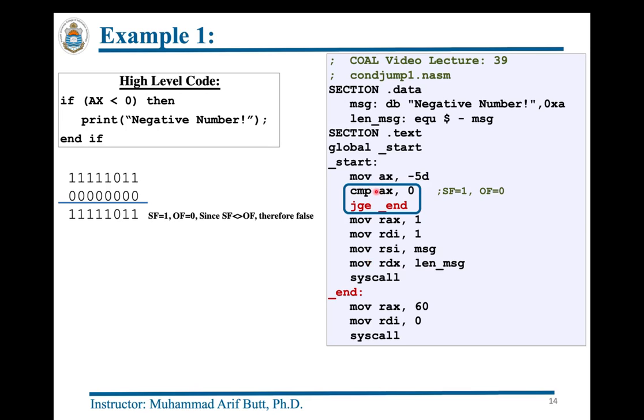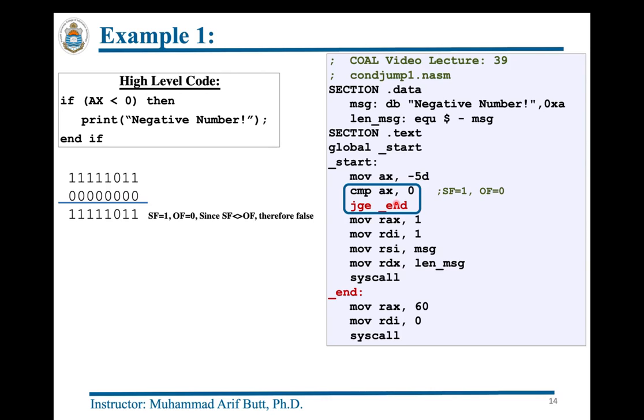Well, the compare instruction compares the contents of AX register with 0, and this instruction in red says jump if contents of AX register is greater than or equal to 0 to the label _end.